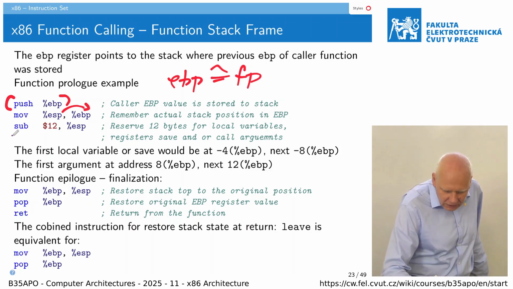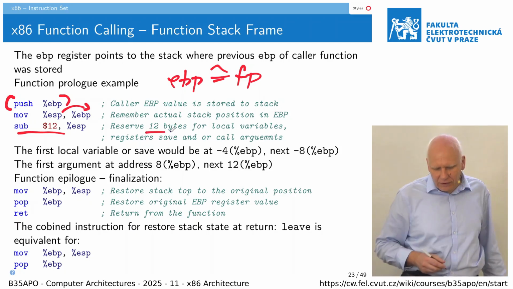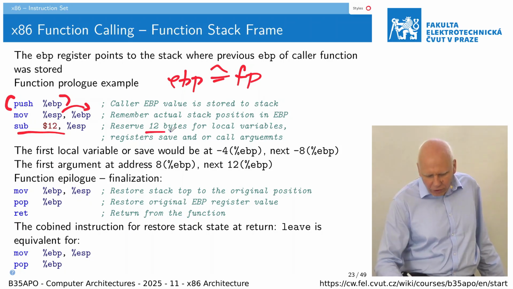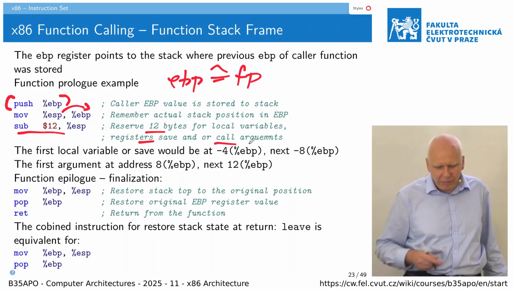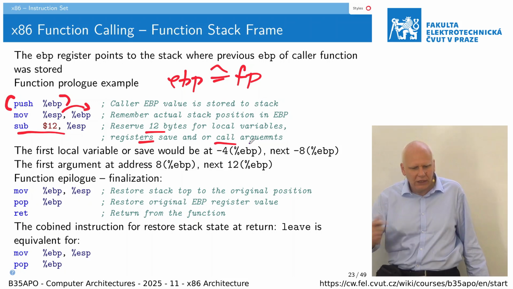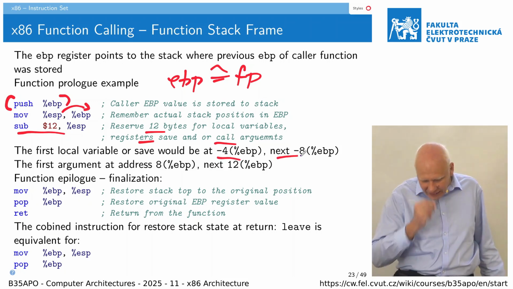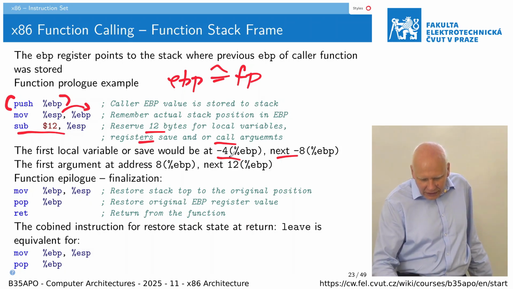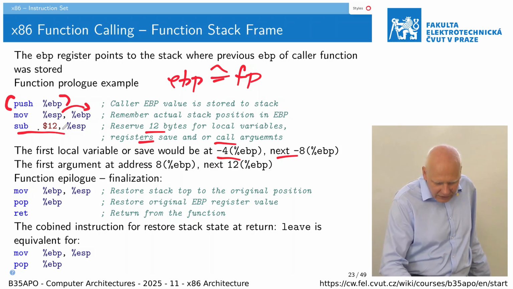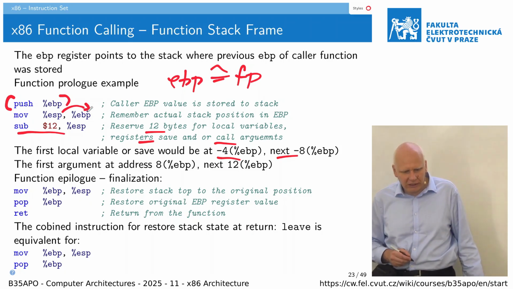Then we can subtract some value. This way we reserve 12 bytes for local variables, or to save registers, or to prepare the arguments for some call. We can access local variables or that area which we have reserved on the stack relative to that remembered value of the frame pointer, or EBP.